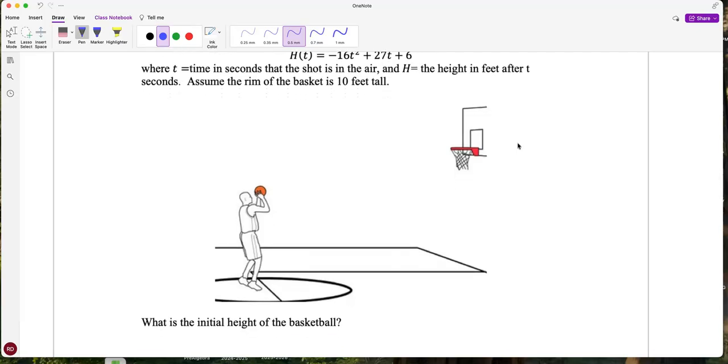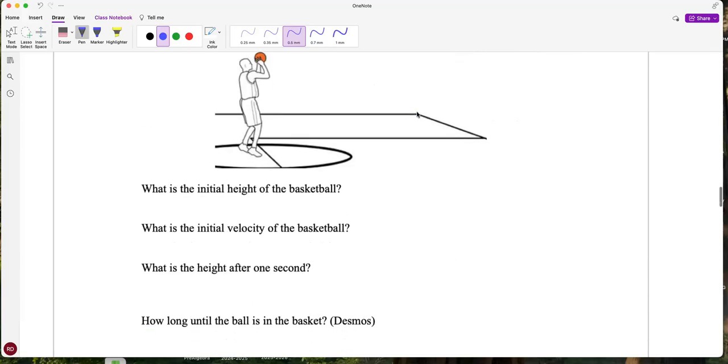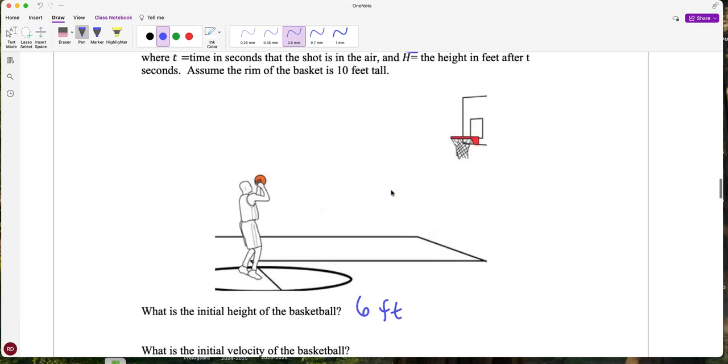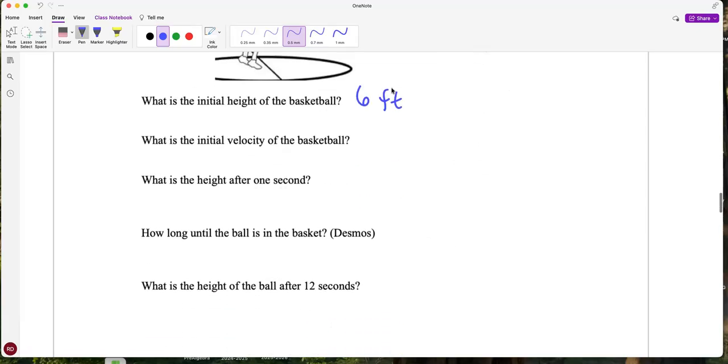The initial height of the basketball is right there. It is 6 feet. The initial velocity, I can read that straight from the equation. It's 27 feet per second.